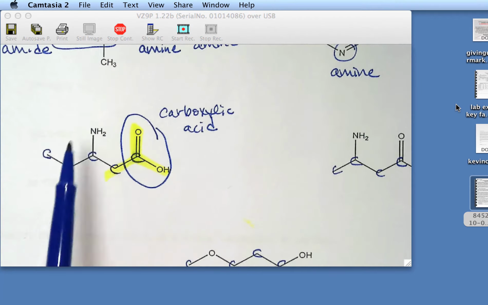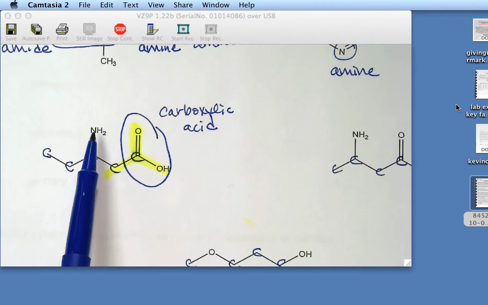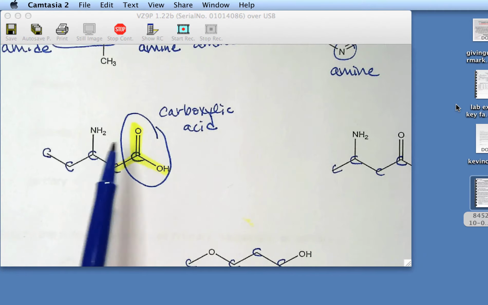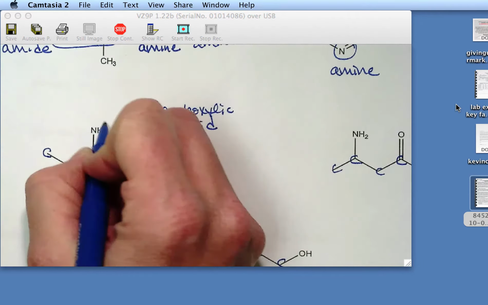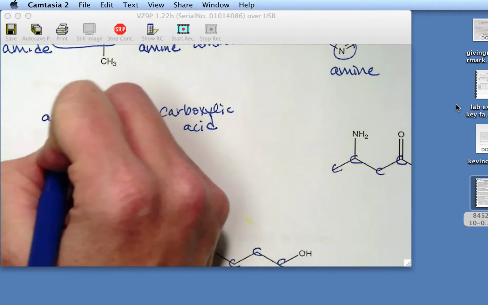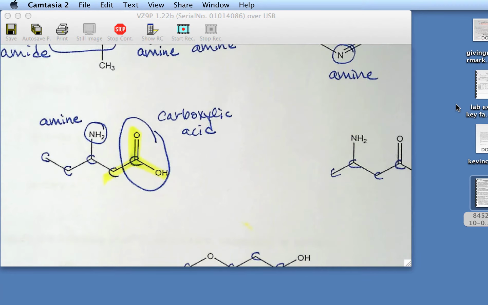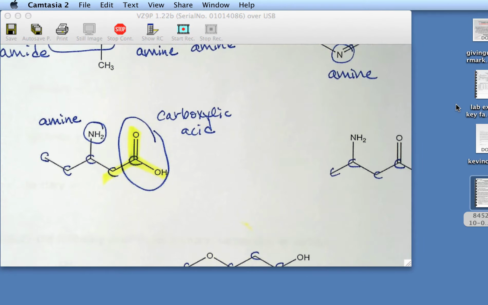What about this functional group here? It looks a little different. It's a nitrogen, and it's connected to a carbon. Amine, yeah. So amines have a lot of different looks.